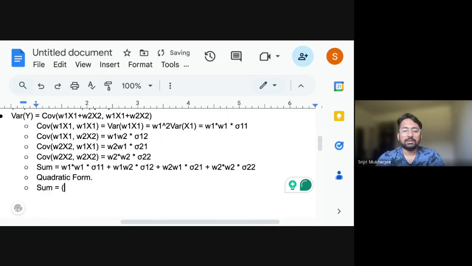This W1, W2 times a big matrix. So now I will write the matrix in the form of a numpy array, okay? So this is W1, W2. And then the matrix will be a numpy array. Let's say the first one will be sigma 1, the second one will be sigma 1, 2. This is the first row, and the second row will be this.